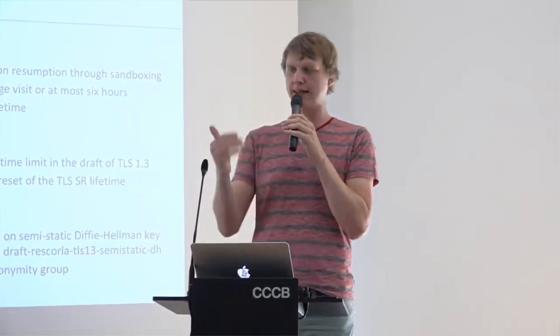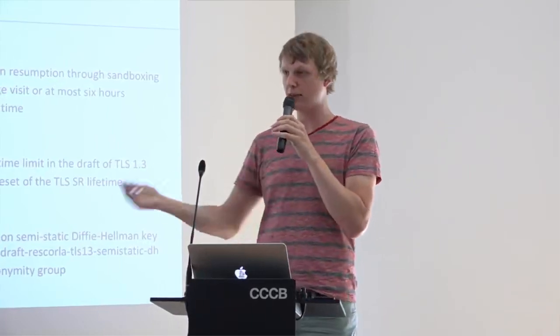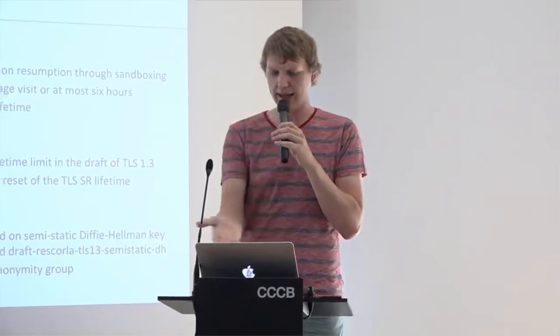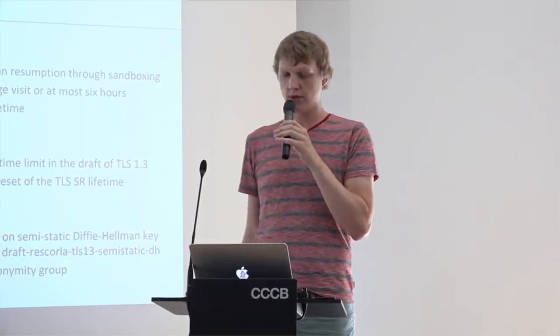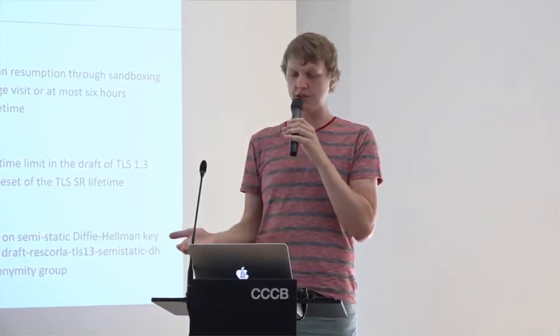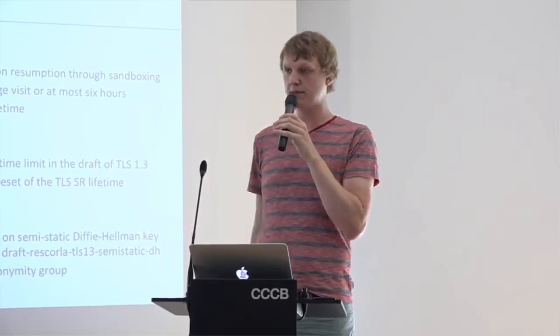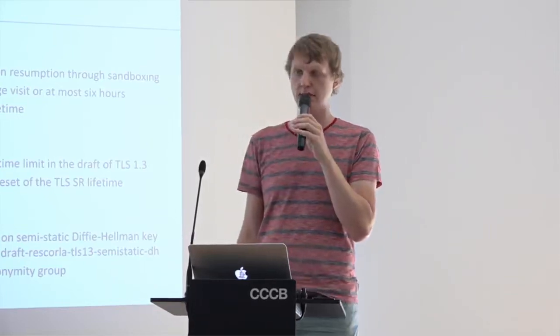But if every user gets an individual public key, then you can track these users based on these public keys. However, like it's currently done with Google's QUIC protocol, they use a public key, and this is shared within a large anonymity group, and you cannot be identified so easily.